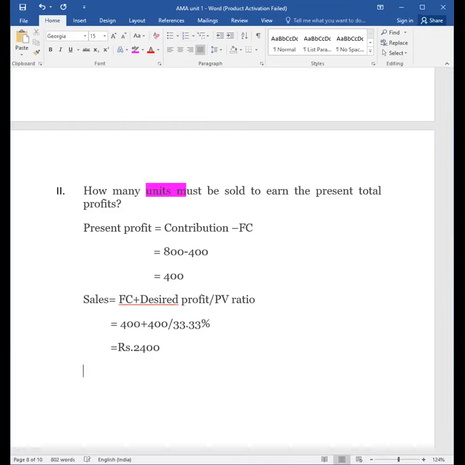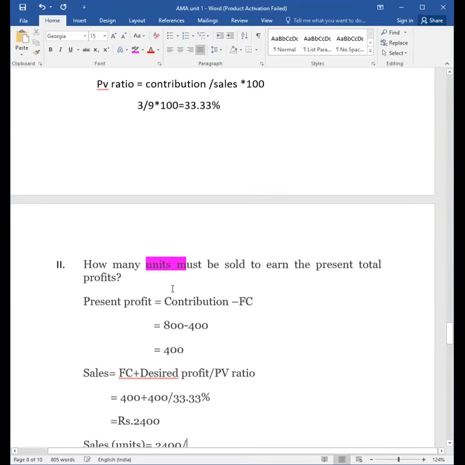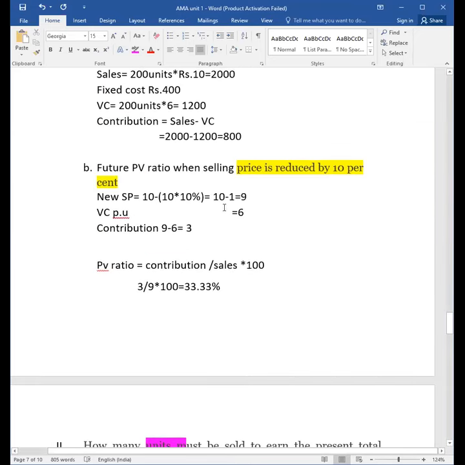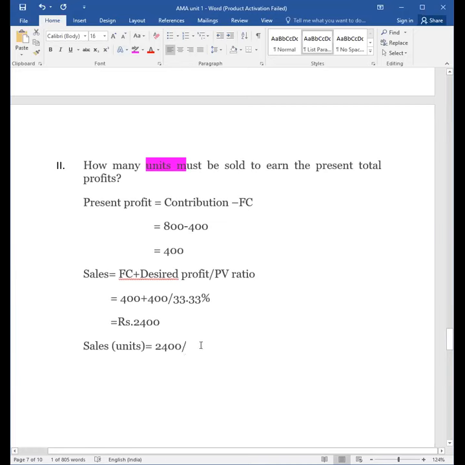So sales in units is going to be 2,400 divided by the new selling price. The new selling price is 9 rupees. So 2,400 divided by 9 equals how many units? 267, or 266.66. Round it off, since units cannot be fractional.